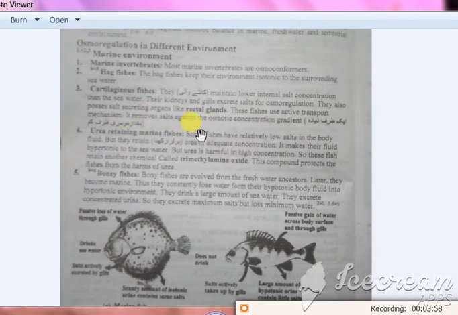For this they need active transport. For active transport they use ATP, or they use force to release the salts into the environment where salts are already present. For this purpose, special glands are present that are called rectal glands. Here are the rectal glands.